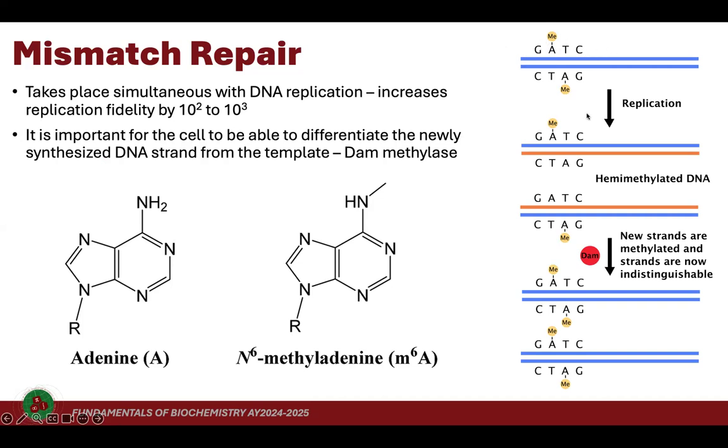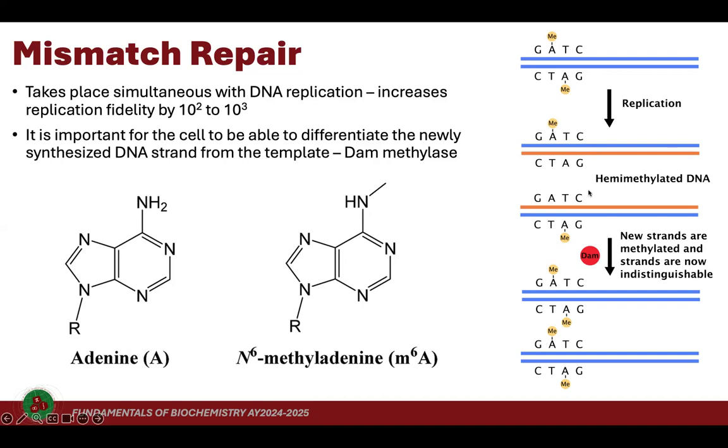And when the E. coli cell starts to divide, so it's undergoing fission, it's reproducing, you have one of the strands methylated, and of course, you are synthesizing a new daughter strand. This is what we call a hemimethylated DNA, because only one of the strands is methylated since the other strand has just been synthesized.